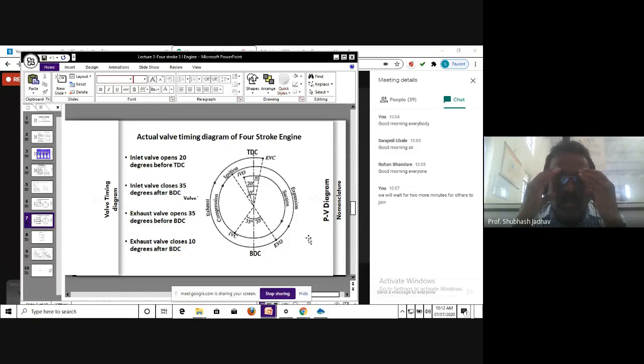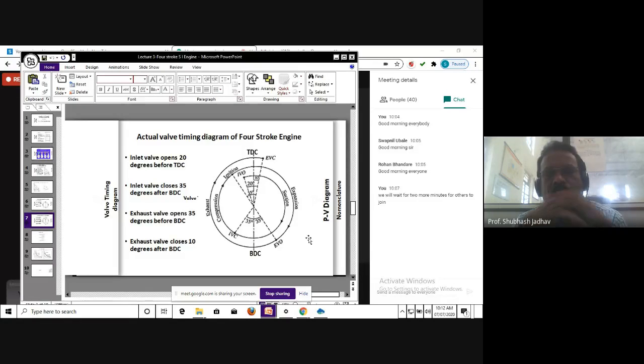along with the spark point if it is an SI engine, and the fuel injection starting and ending points if it is a CI engine.